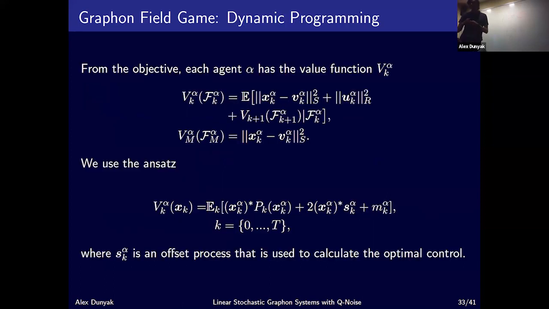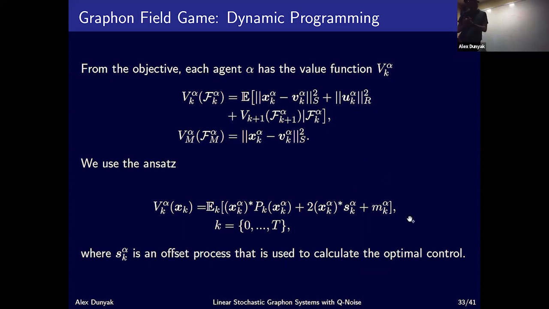So the dynamic programming approach is relatively straightforward. You just start with your standard definition for a value function, where you have the stage cost plus the costs one step into the future, along with your terminal condition.